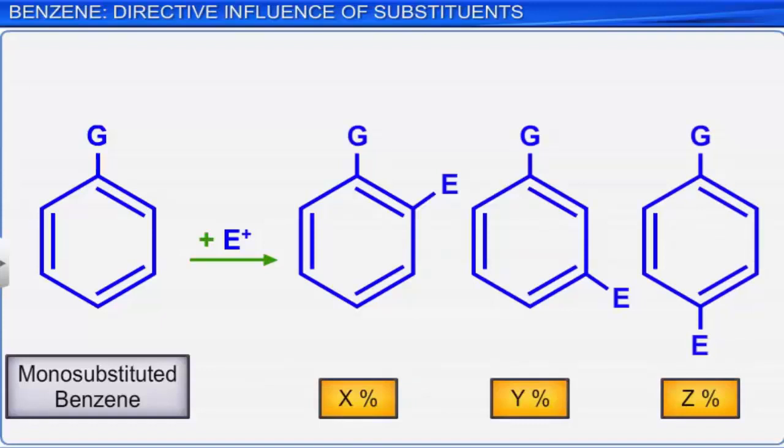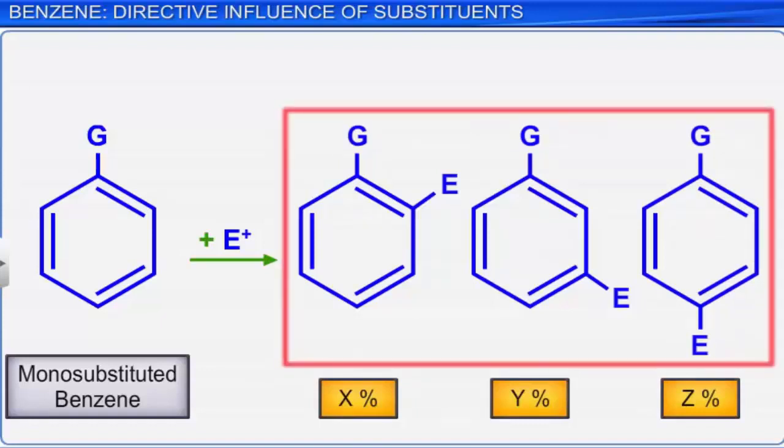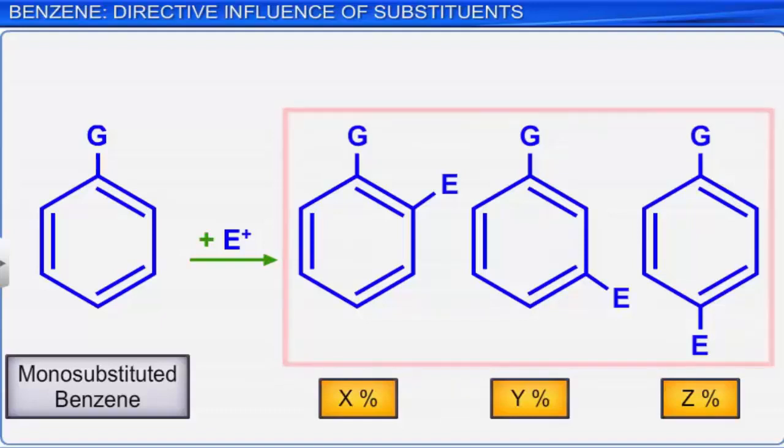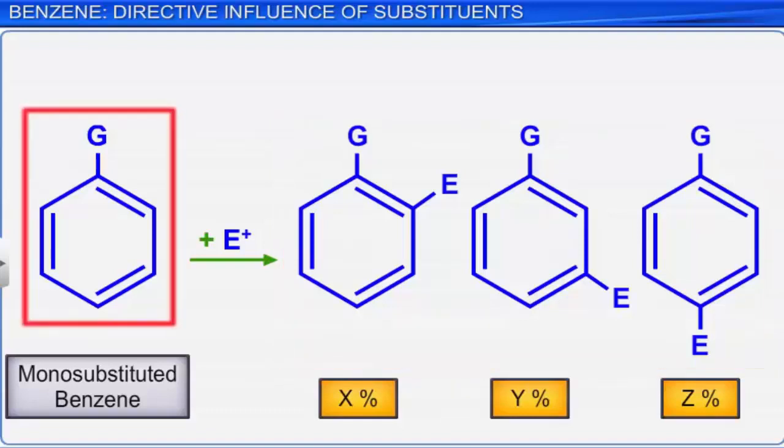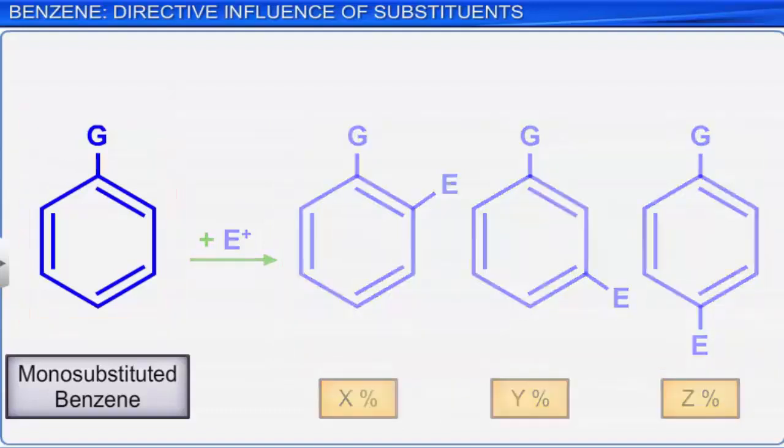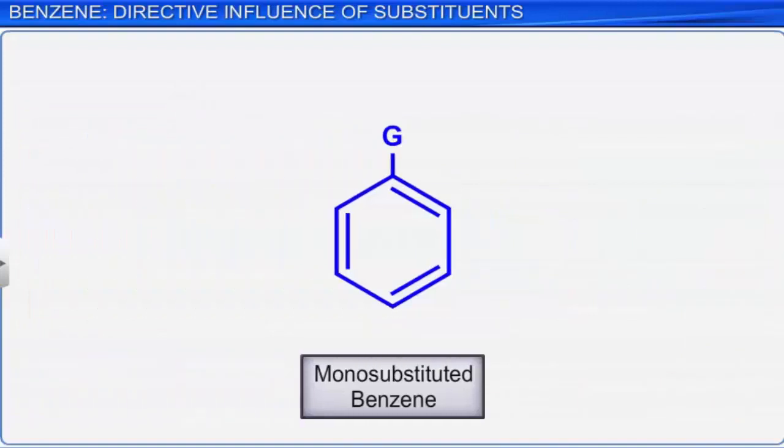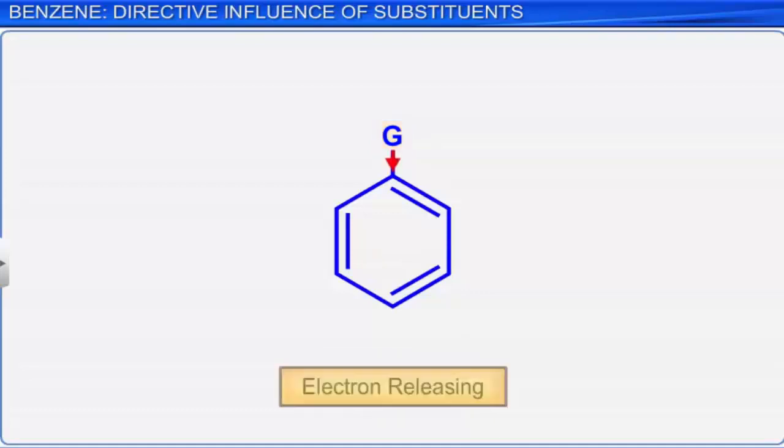The disubstituted product formed in major amounts depends on the reactivity of the monosubstituted benzene. In turn, the reactivity depends on the nature of the group that is present on the ring. A group can be either electron-releasing or electron-withdrawing.